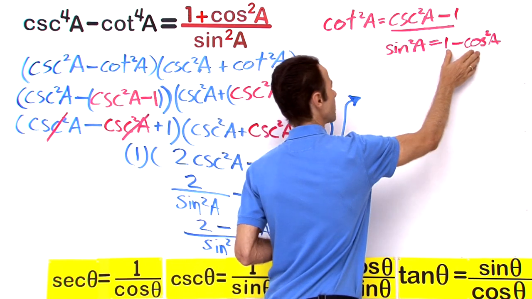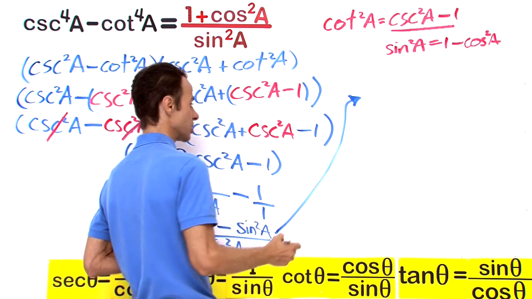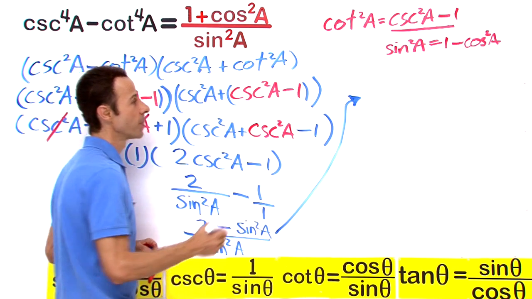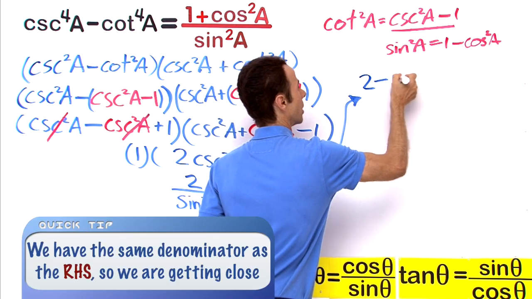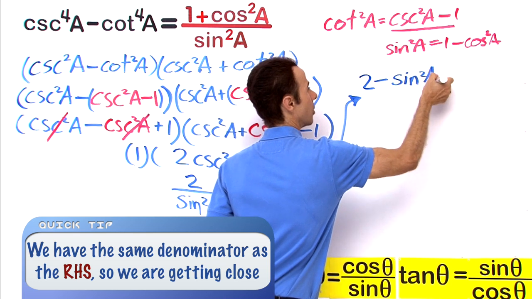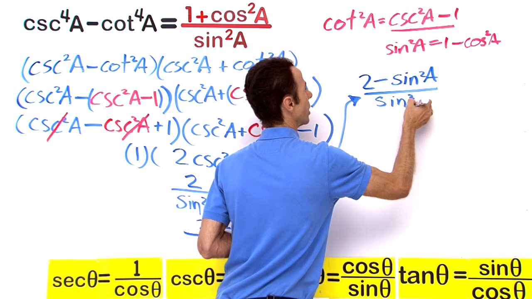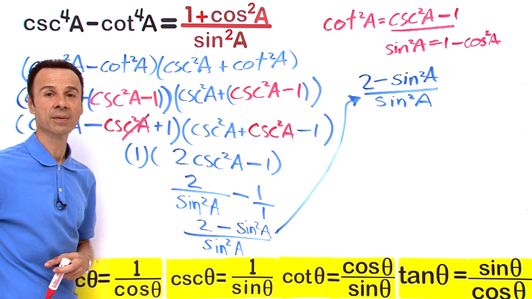All right, let's replace that with that over here. So let me just bring this up here and write it again. So we have from here 2, take away sine squared a. Let me write it up here. Write it up again, all over sine squared a. Okay, we're on the right road to get that right-hand side there.